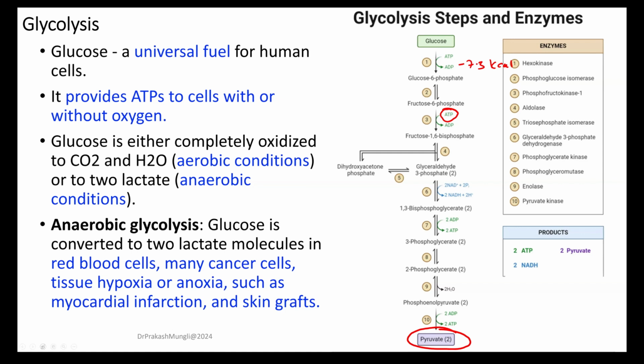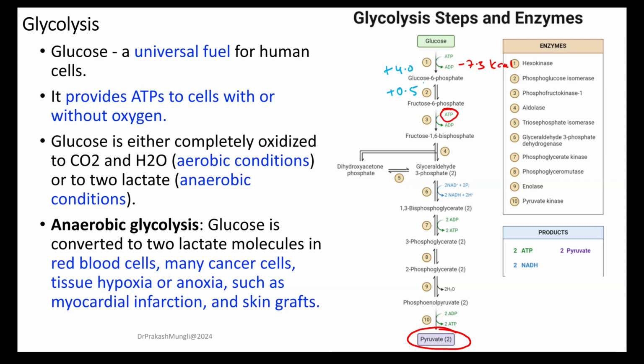And imagine that conversion of glucose to glucose 6-phosphate needs energy which is plus 4.0. That much energy was needed. Okay, but how much did you get? Minus 7.3 kilocalories. And later, the next reaction, glucose 6-phosphate to fructose 6-phosphate, the energy that was needed was plus 0.5.